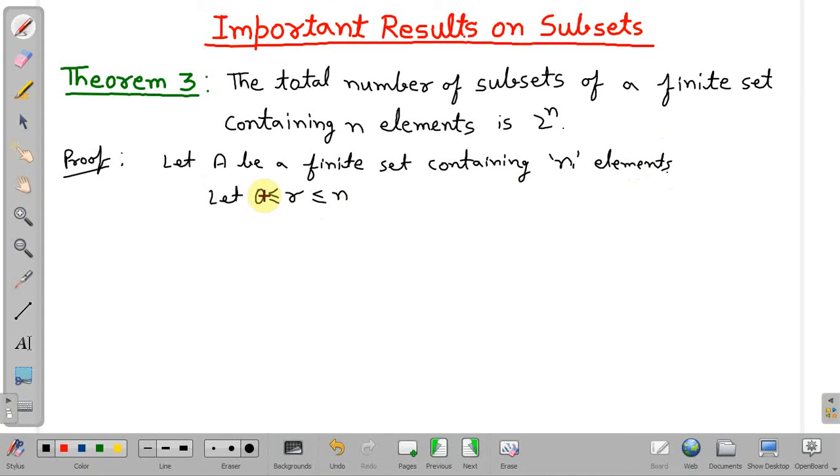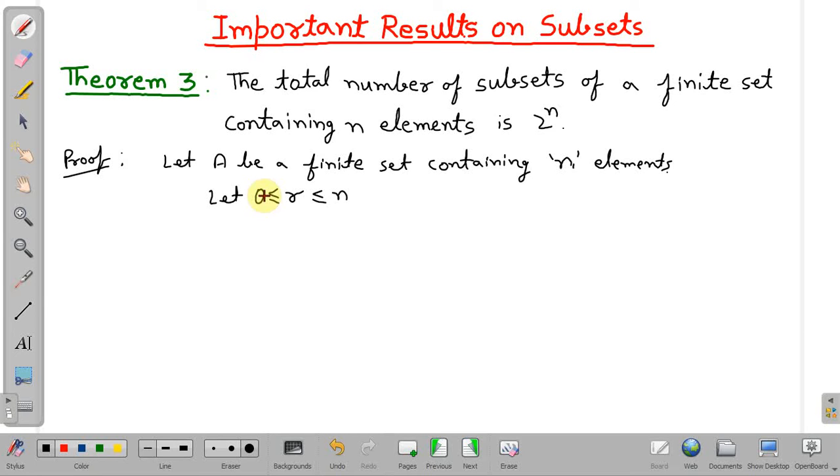Suppose a set has n elements and we choose to form subsets containing r elements, or suppose 2 elements. So r is the number of elements we are considering out of n elements. We may consider forming sets with 0 elements, then with 1 element, with 2 elements, and so on. So r will vary from 0 to n.